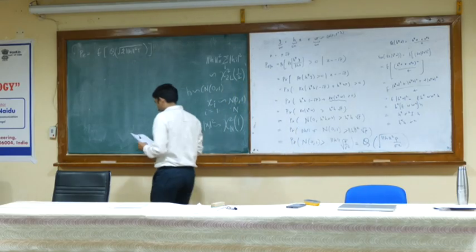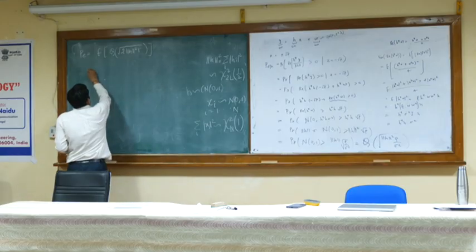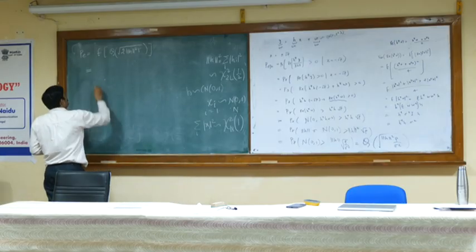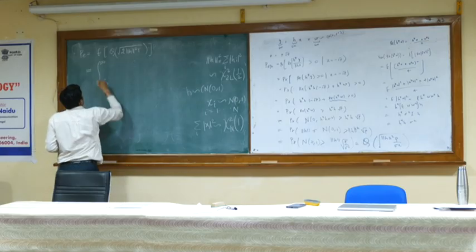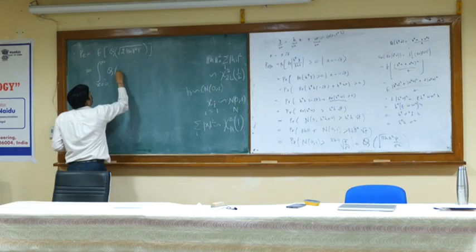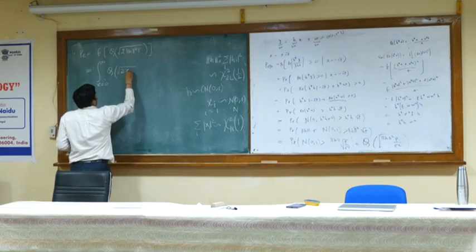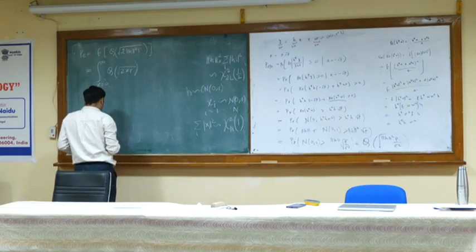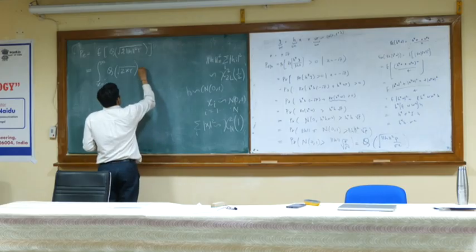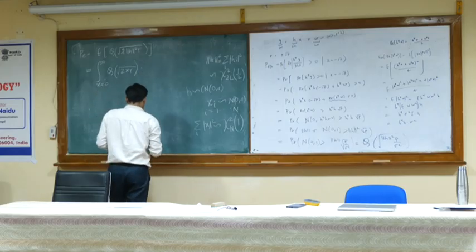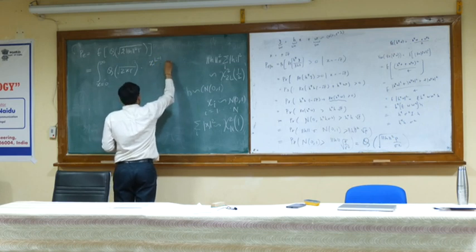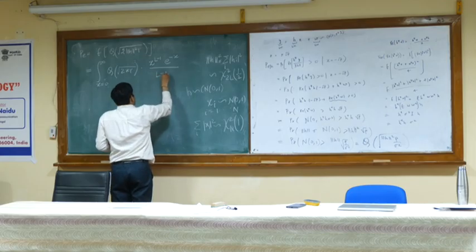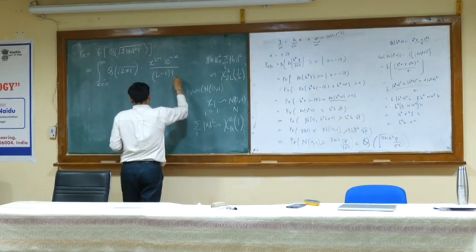So now we can write this expectation as the integral over x from 0 to infinity of Q(square root of 2xγ) into x to the power L minus 1 e to the power minus x divided by (L minus 1) factorial into dx.